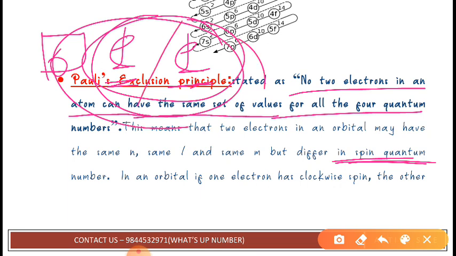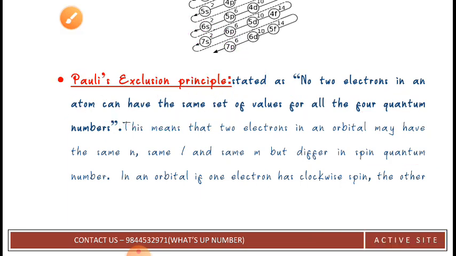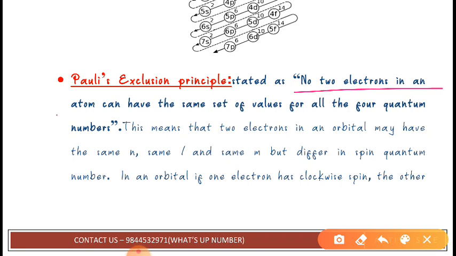It is not possible that all four quantum numbers, the principal, azimuthal, magnetic and spin, are the same. If the principal, azimuthal, and magnetic quantum numbers are the same, then the spin quantum number will be different. So the Pauli exclusion principle says no two electrons in an atom have the same set of all four quantum numbers.